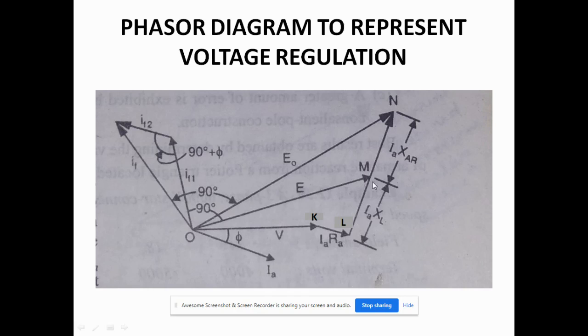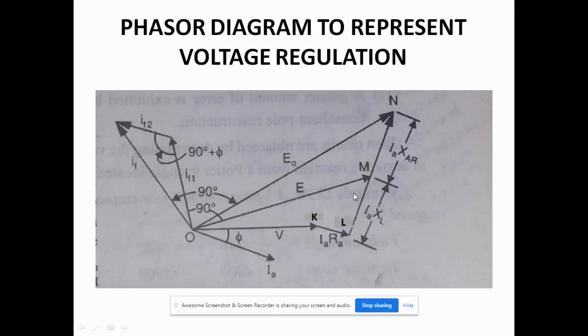So this is the phasor that will represent Ia into XL. So Ia into XL is a voltage drop due to leakage reactance XL. As it is a reactive voltage drop, therefore this voltage drop will lead the current by an angle of 90 degree.